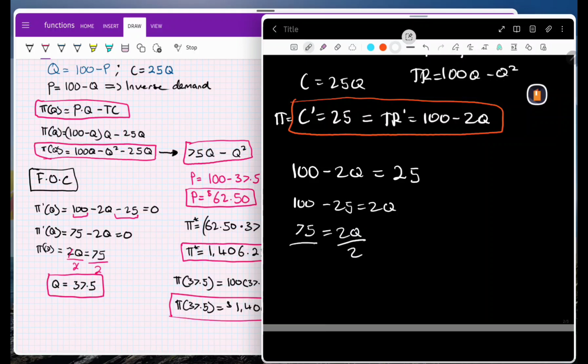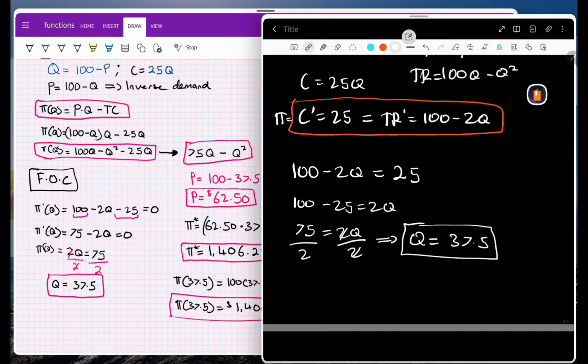And we've already done this. So you will also get the same result, the maximizing quantity, when you set marginal revenue equal to marginal cost.